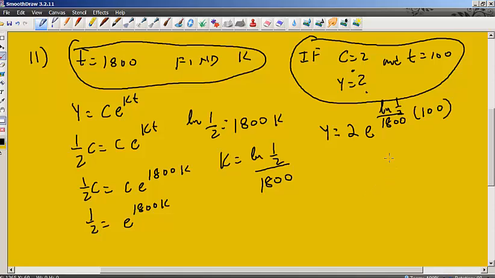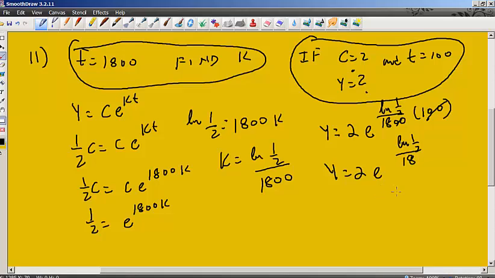I just plugged into my formula. So these zeros are going to cancel out. That gives me Y is equal to 2 times e to the ln of 1/2 over 18.